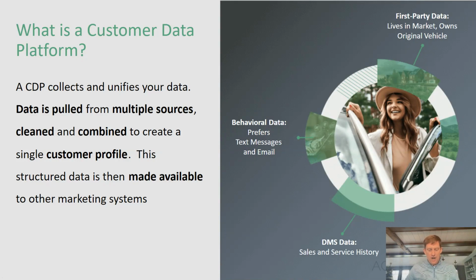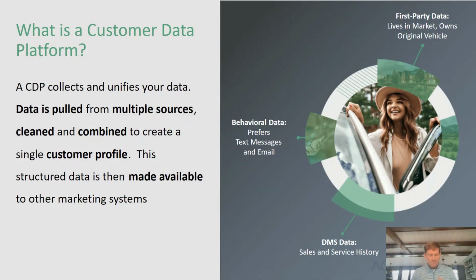And the CDP's job is to identify each person as an individual by tying back all of that data from these different systems and platforms. And then most importantly, it's pulling in information from systems like a DMS that wasn't designed to easily share that. So the CDP helps to make sense of that and collects it all in one spot.